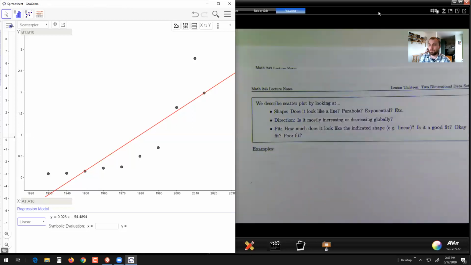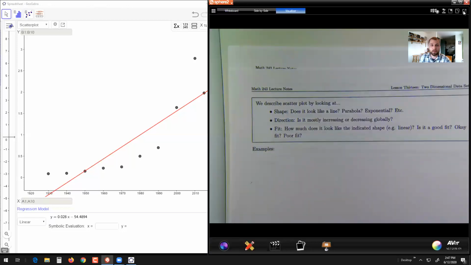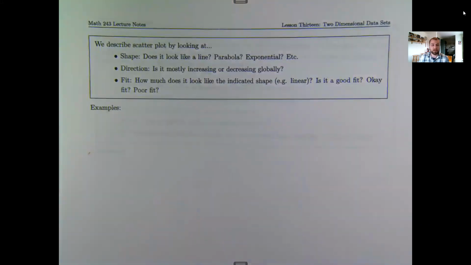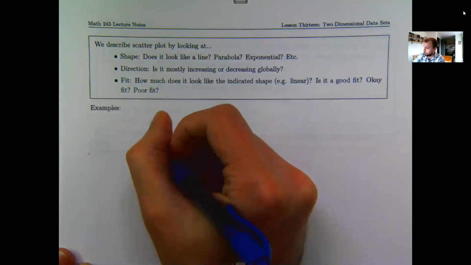So going to my overhead here, when we're describing a scatter plot, we talk about shape: what do you see when you look at the thing? Direction: is it mostly increasing or decreasing? Fit: how much does it look like that? So we'll do one more.